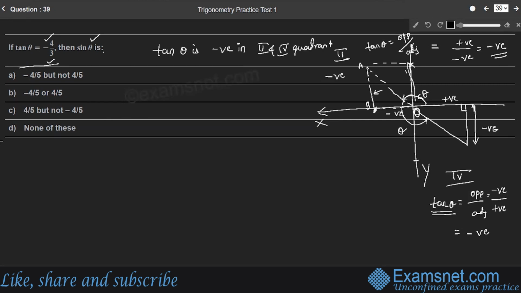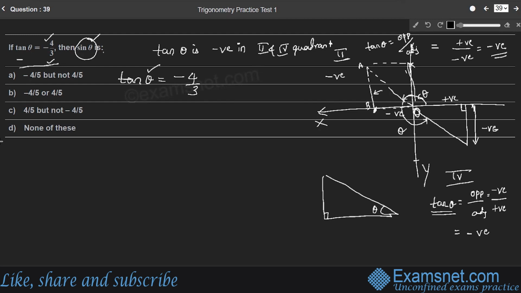Right? Therefore, here tan theta is given. Tan theta is equal to minus 4 by 3. Therefore, either theta lies in the second quadrant or in the fourth quadrant, right? So, let us consider a right angle triangle. Why do we consider a right angle triangle? To find sine theta. Here, theta is the angle which is opposite to the right angle, right?